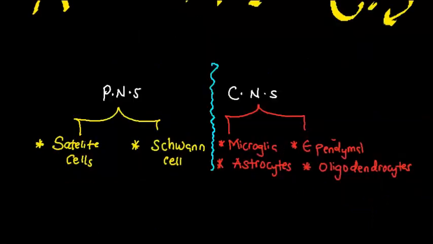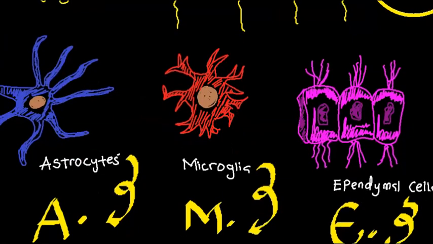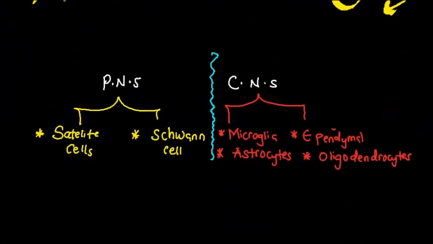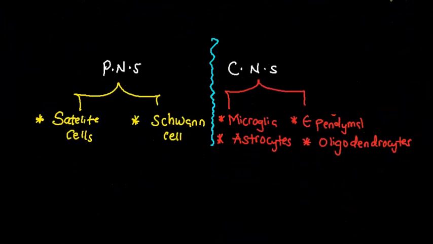But I needed to remember one thing. Since all these cells work for one particular organization, which is the nervous system, and the nervous system is divided into two. We have the CNS, which is the central nervous system, and the PNS, which is the peripheral nervous system. These workers we have here, the astrocyte, microglia, ependymal, etc., work for different segments or units of that particular factory.